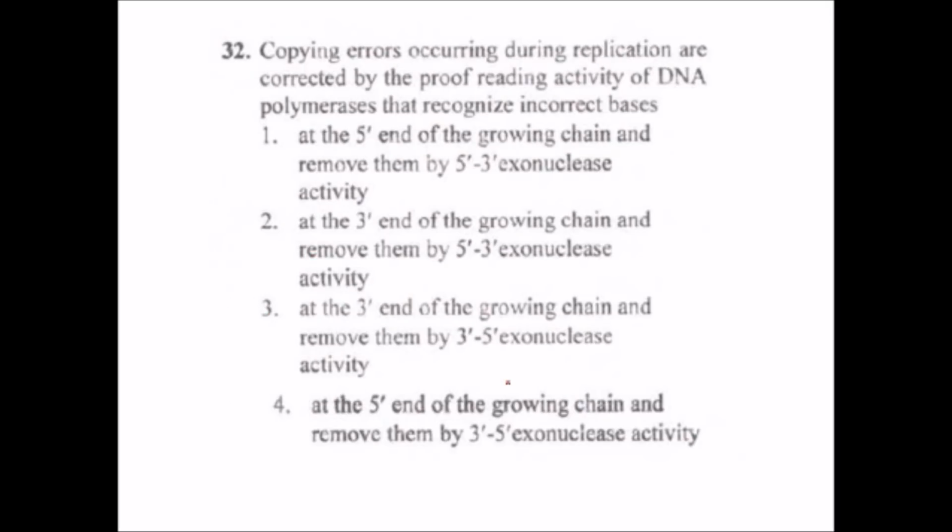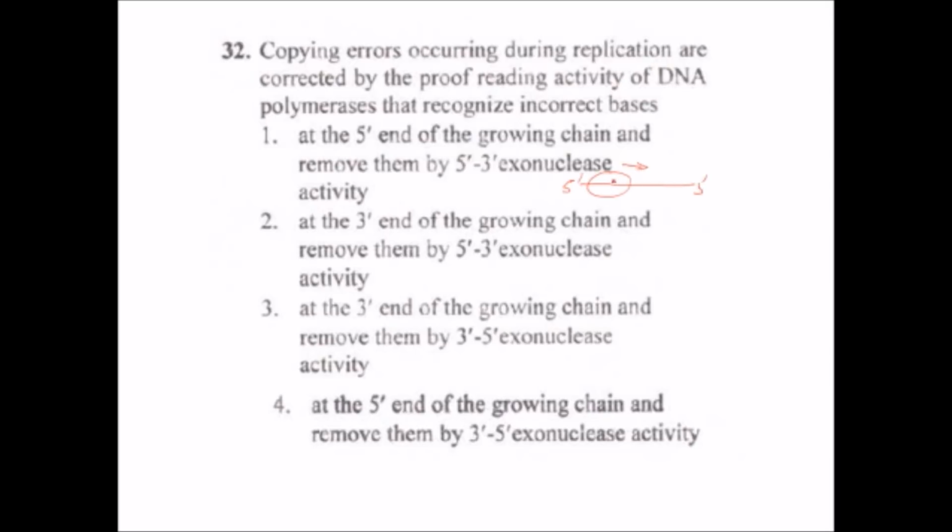Next question. Copying errors occurring during replication are corrected by the proofreading activity of DNA polymerase that recognizes the incorrect bases. What happens? Our DNA gets replicated in the 5' to 3' direction, and DNA polymerase also runs in this direction.